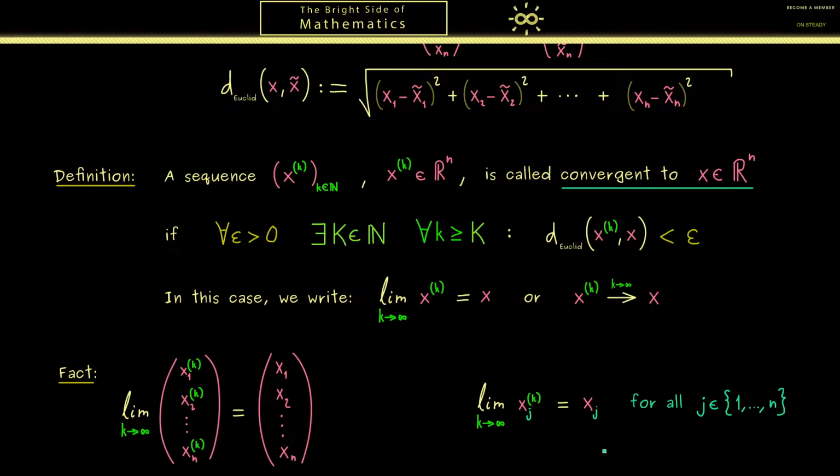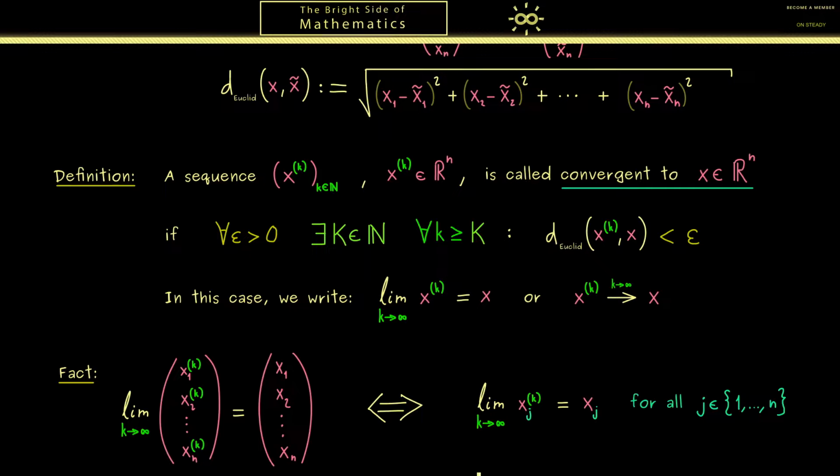Okay, so in summary, you see here on the left hand side we have the new definition of convergence, and on the right hand side we have the old one but n times. And now the good thing I can tell you, both things are connected equivalently. In other words, the new definition of the convergence can be described by using the old definition for all the components. And maybe just considering components might be easier for you.